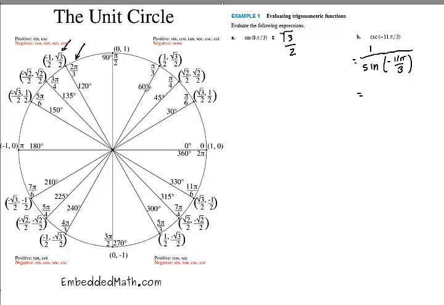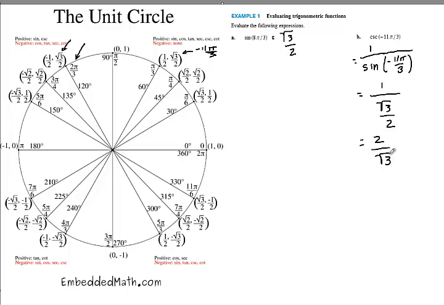Negative 5 pi over 3, negative 6 pi over 3, negative 7, negative 8, negative 9, negative 10, negative 11. Here would be negative 11 pi over 3. Sines are the y values, and that would be 1 over square root of 3 over 2. That means I would flip this, 2 over square root of 3.